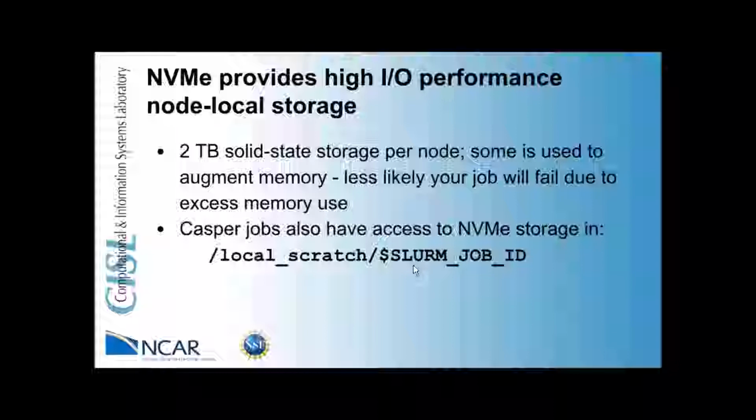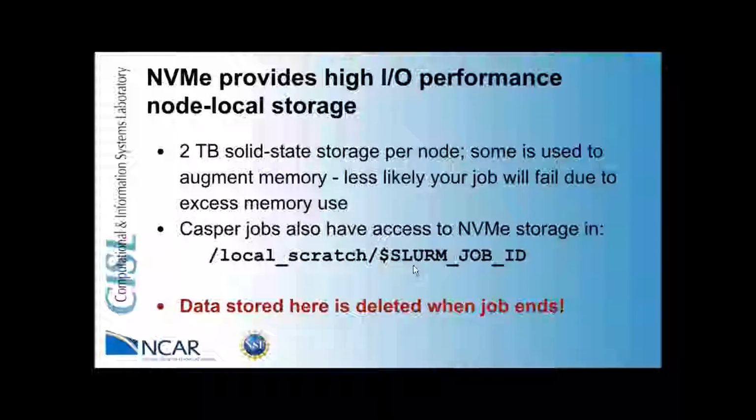That gives you a space where you can move some of your data onto that NVMe storage and then run operations there. Depending on the way your workflow is set up, that may give you some performance benefit. Of course, you have to balance that with the time it takes to copy the data over and, if necessary, copy data back. So it's a balance, but that's another resource you have in your jobs.